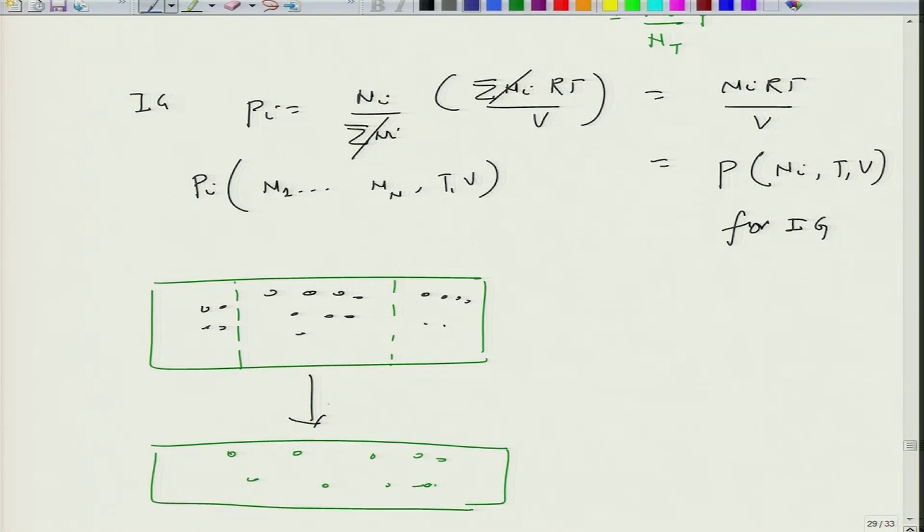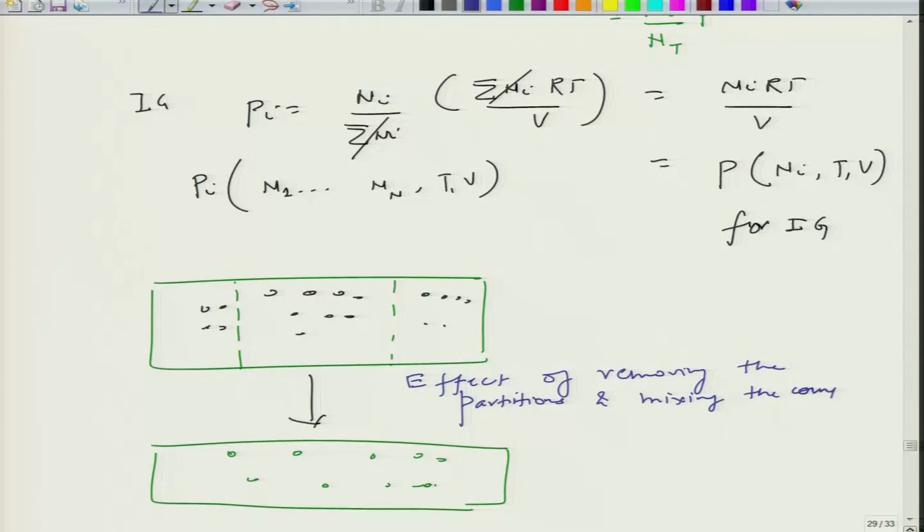So, the effect of removing the partition and mixing the components: if you think about that, a particle which is here was able to only access the volume available in this region. Once you take out the partition, the same particle now has more volume to access.